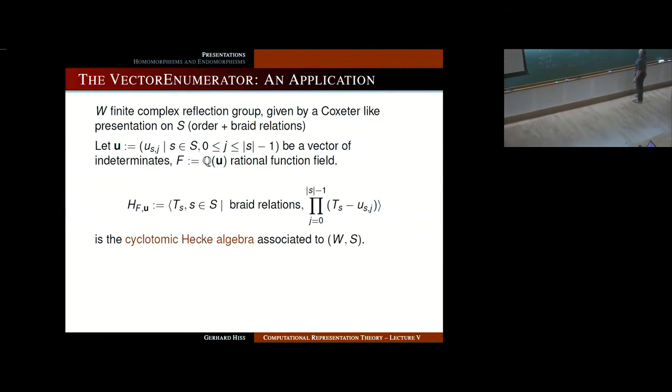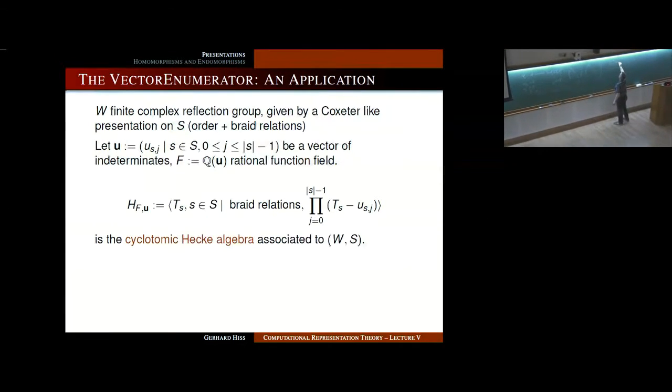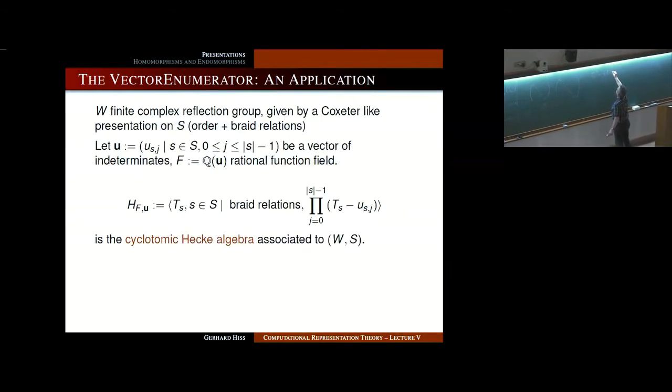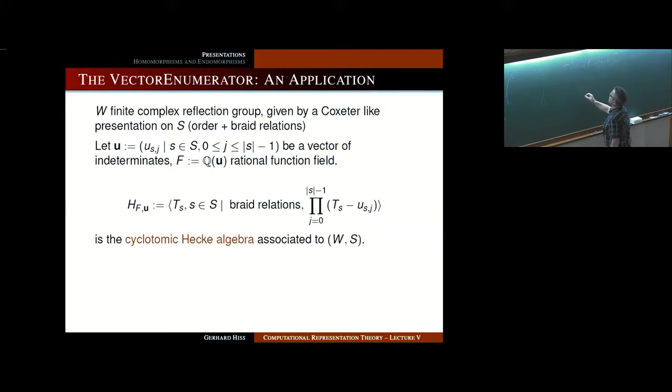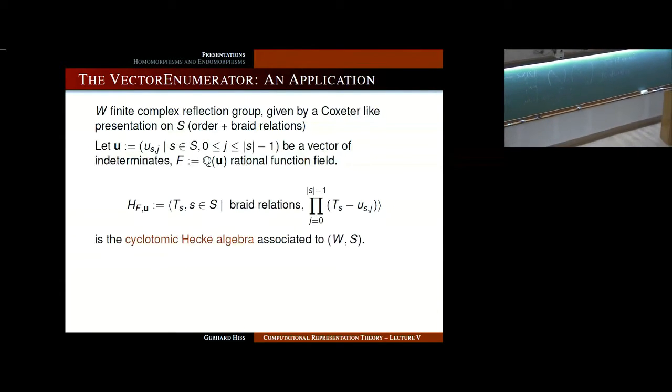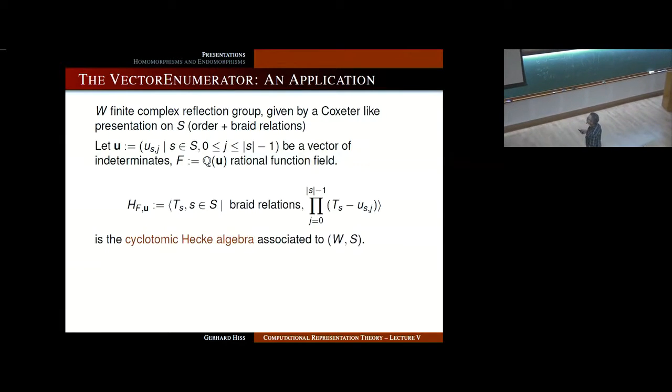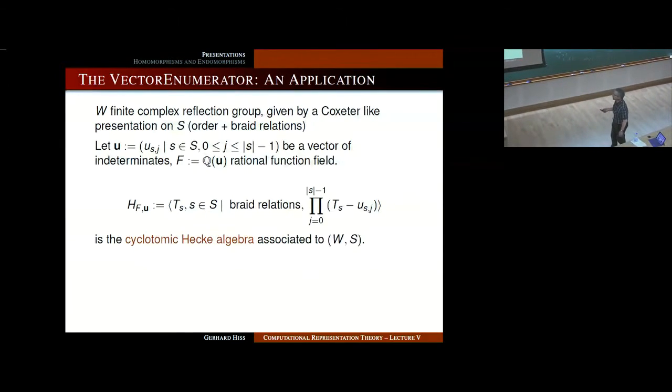In the Hecke algebra, the relation was Ts squared is q times 1 plus (q minus 1) times Ts. But this can also be written as (Ts minus q) times (Ts plus 1) is 0. So you have two factors for the order, and instead of indeterminates you have q and minus 1, and here you have exactly the same relations.